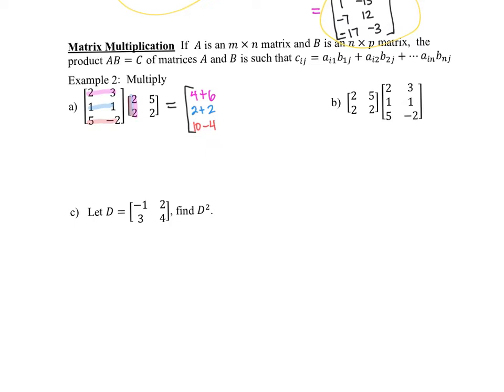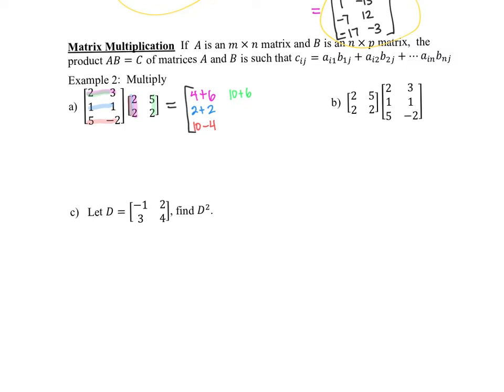So I did all of the first column. I'm going to go to the next column now. Okay, so if I want to do row 1, column 2, it is going to go over here. And I'm going to multiply the corresponding entries. So 2 times 5 is 10, 3 times 2 is 6. And I am going to ask you to show this step in your work.